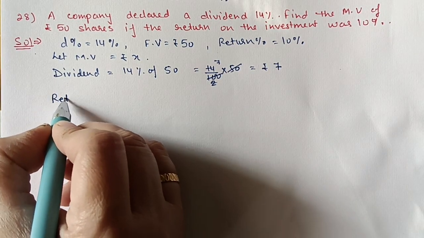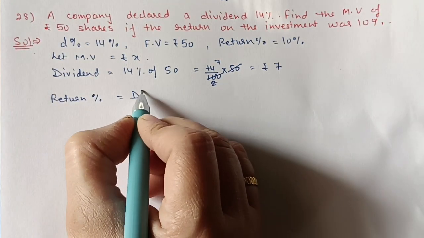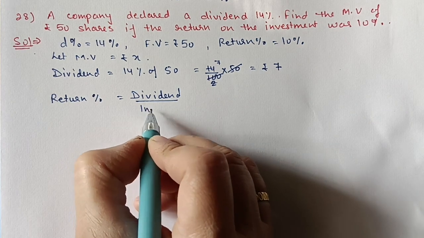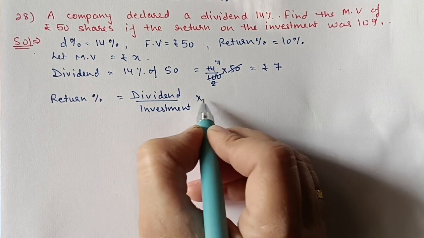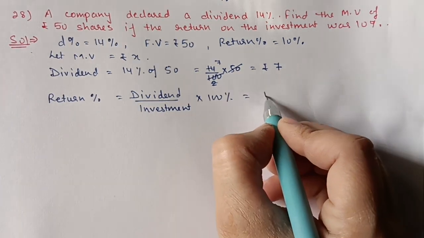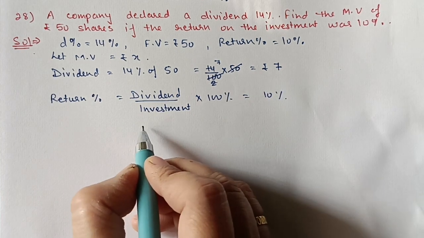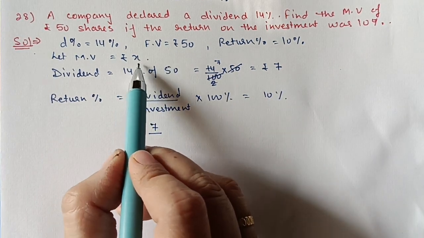Return percentage will be dividend by investment into 100%, and this is given equal to 10% in the question. So we will equate with 10%. Dividend we got 7 rupees, and for one share the investment we have done is X rupees.